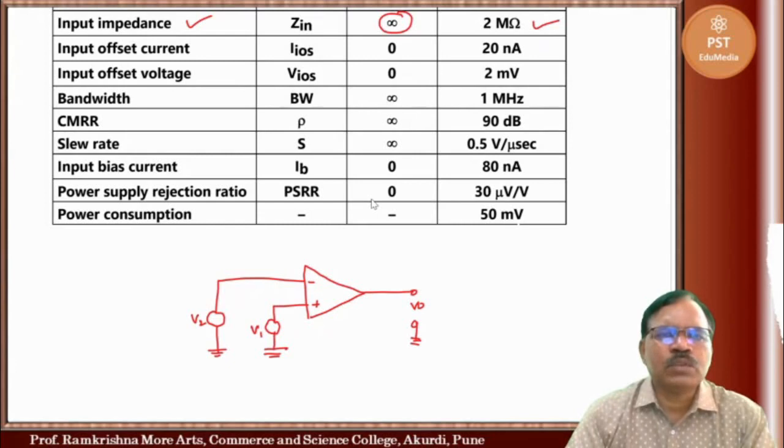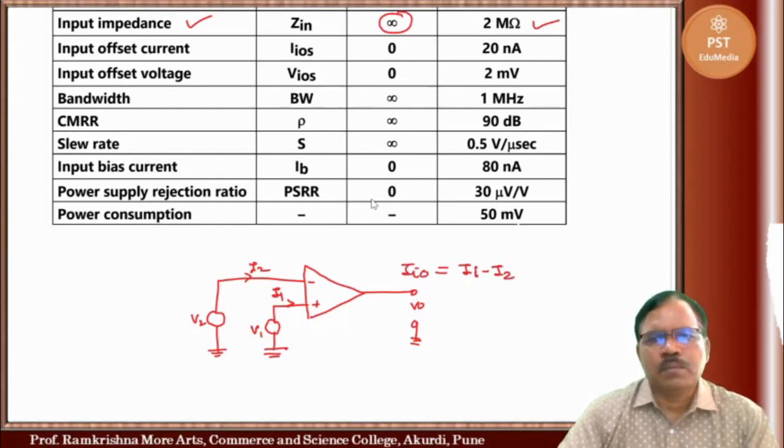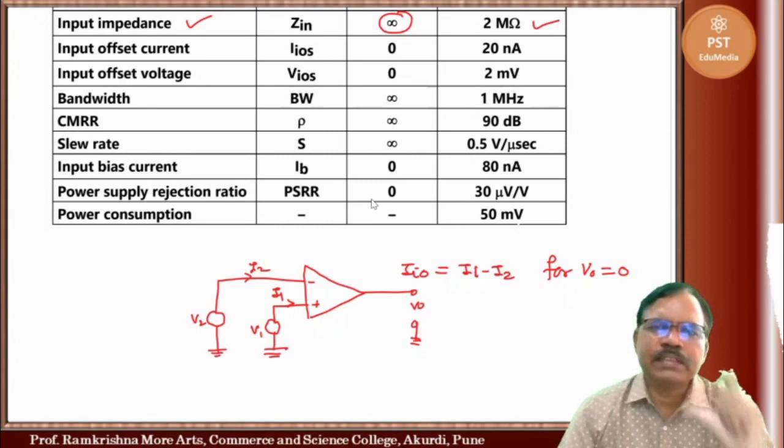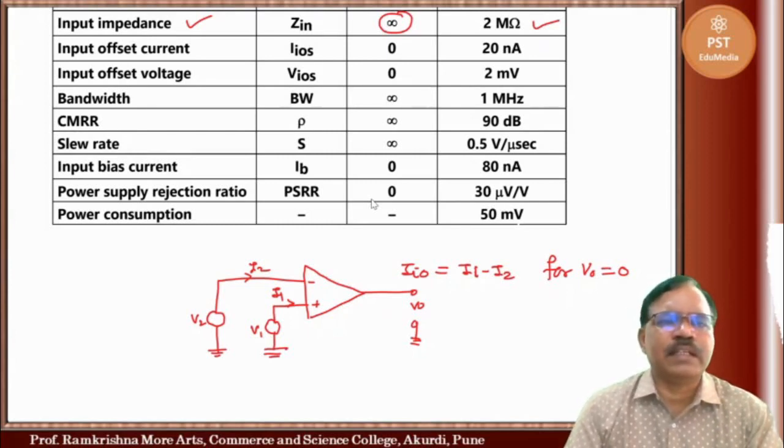Now suppose I1 and I2 are the input currents. Input offset current is I1 minus I2, that is IIO, for V0 equal to 0. So the difference in input currents for which output is 0 is called input offset current.